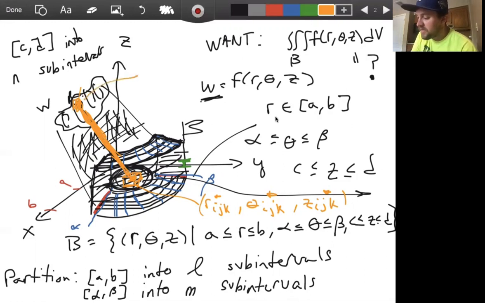This height is given by f of the sample point, right?